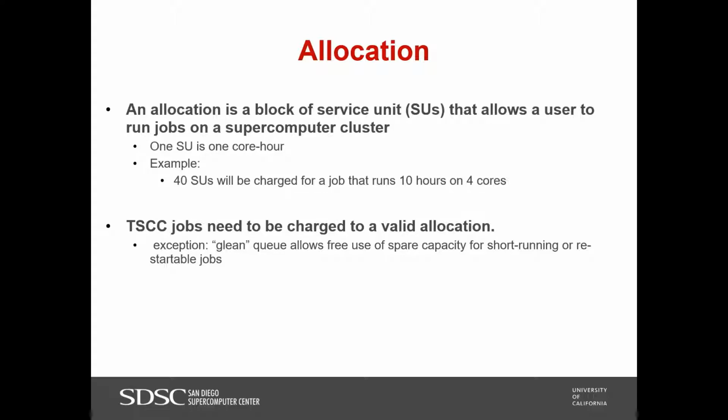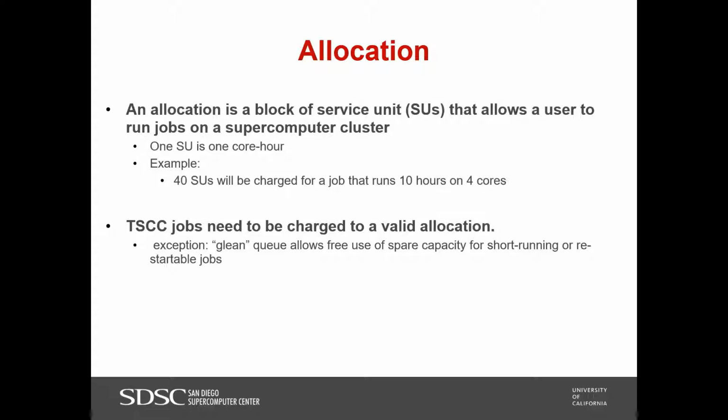An allocation is a block of service units, called SUs, that allows a user to run jobs on our supercomputer clusters. One SU is one core hour. For example, you will be charged 40 SUs for a job that runs 10 hours on 4 CPU cores.